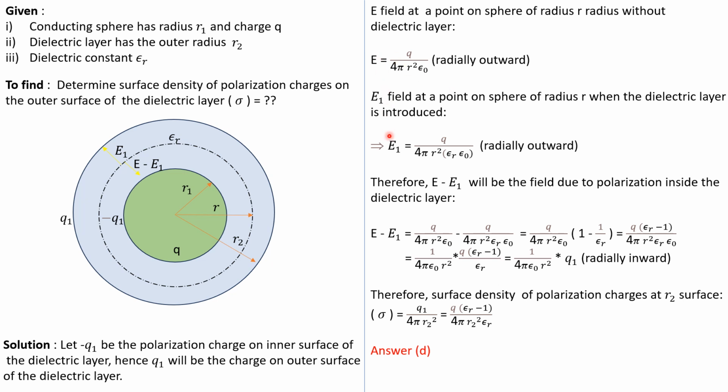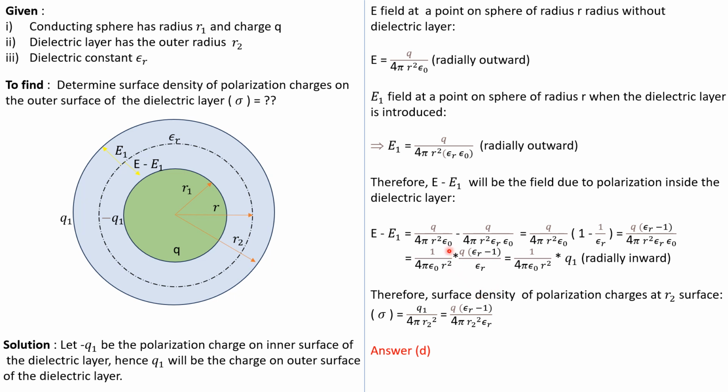So E minus E1 will be the field due to the polarization charges. We will put the value of E and E1 from here and solve it. We will reach this: 1 by 4 pi epsilon naught r square into Q into epsilon r minus 1 in bracket divided by epsilon r.